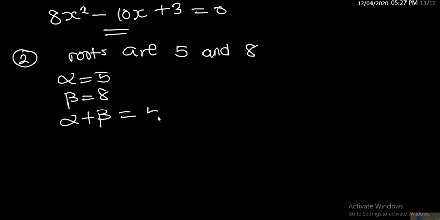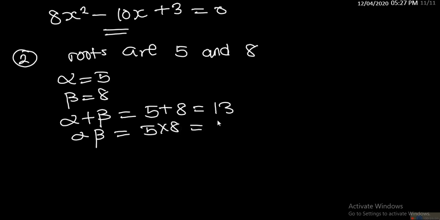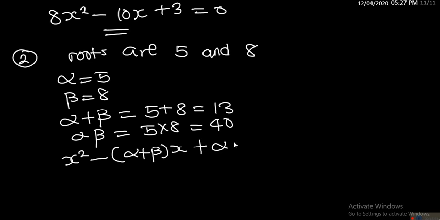Alpha plus beta, which is 5 plus 8, which is 13, and alpha beta, which is 5 times 8, which is 40. So substitute in the general form. x squared minus alpha plus beta x plus alpha beta equals 0. So this will give us x squared minus 13x plus 40 equals 0.